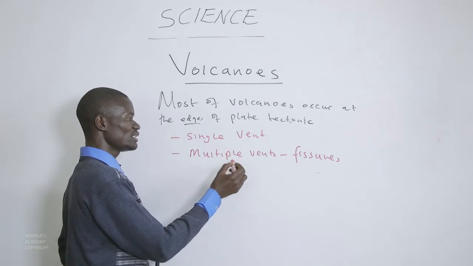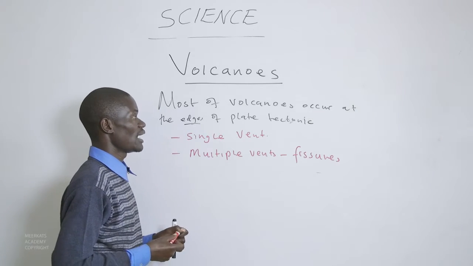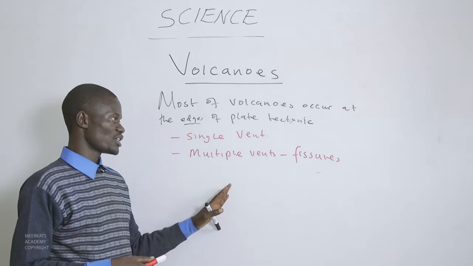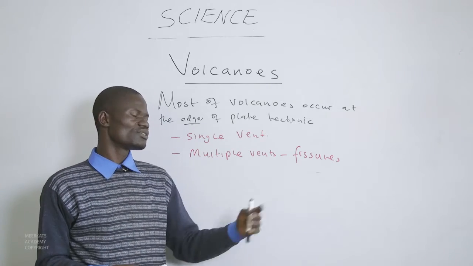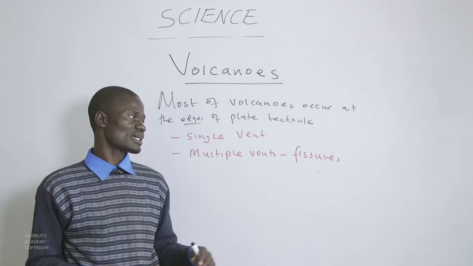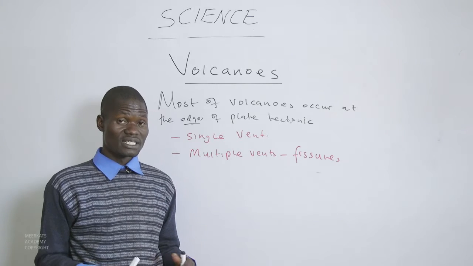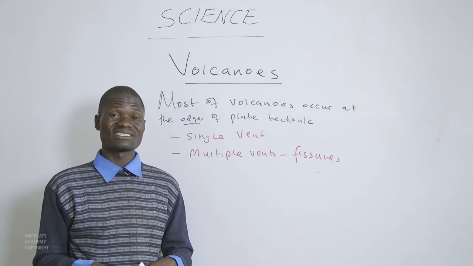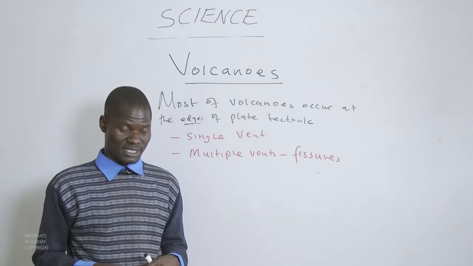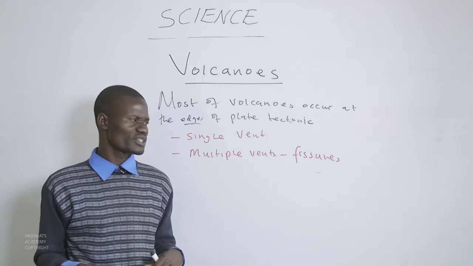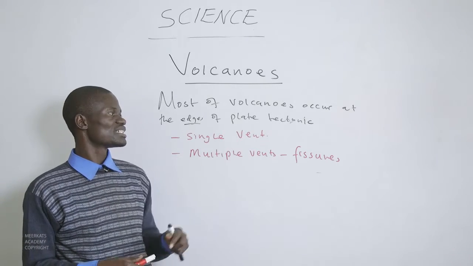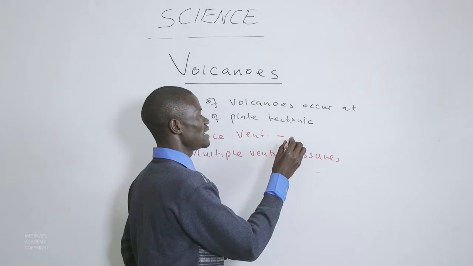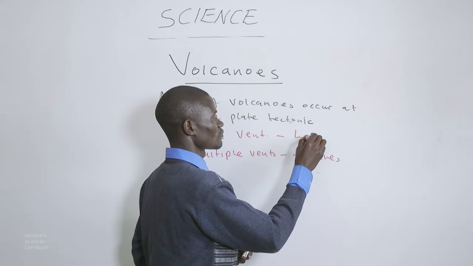And remember, when volcanic eruption occurs through multiple vents, it may lead to the formation of various extrusive features, such as hot springs, steam jets, and even geysers sometimes, while the single vent mostly leads to lava flows.